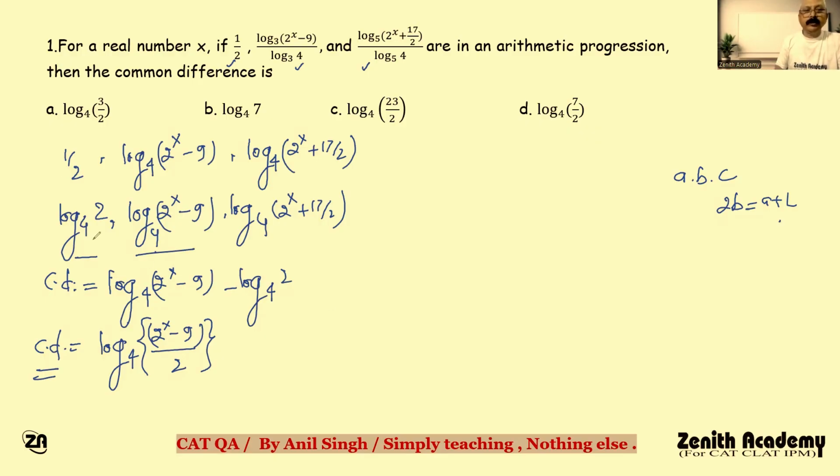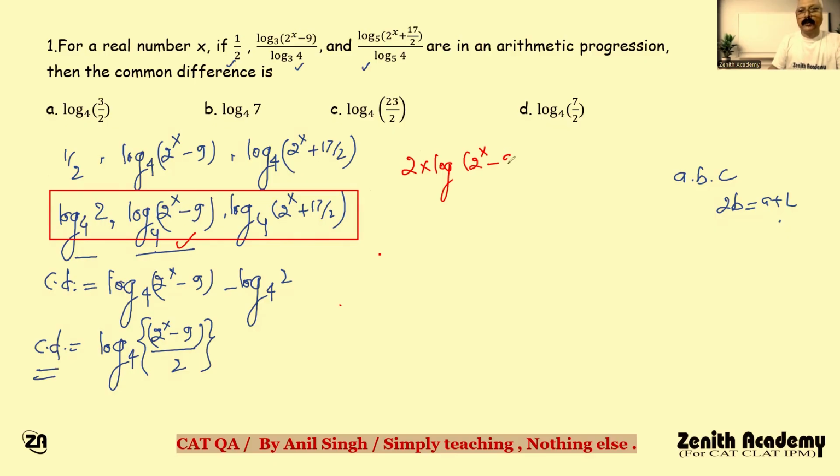These three terms are in an AP, so 2 times the second term, log of 2^x - 9 to base 4, is equal to the sum of the first and last terms, log of 2 to base 4 and log of 2^x + 17/2 to base 4.